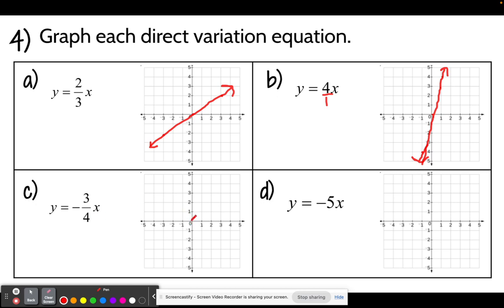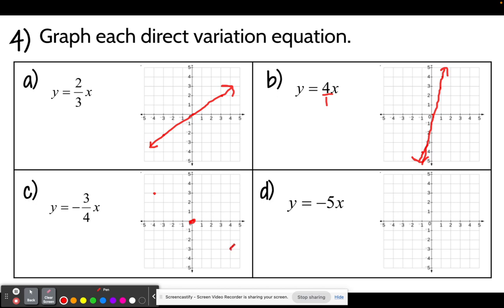So again, I'm going to start at 0, 0. I can run up 3, 1, 2, 3, and left 1, 2, 3, 4 to get that negative 4. Or I could go down 1, 2, 3 for my negative 3 and make it a positive 4.